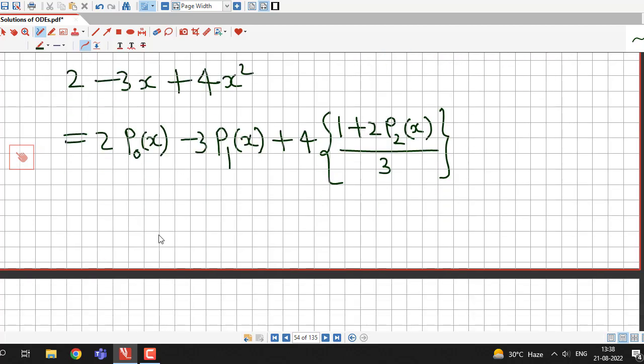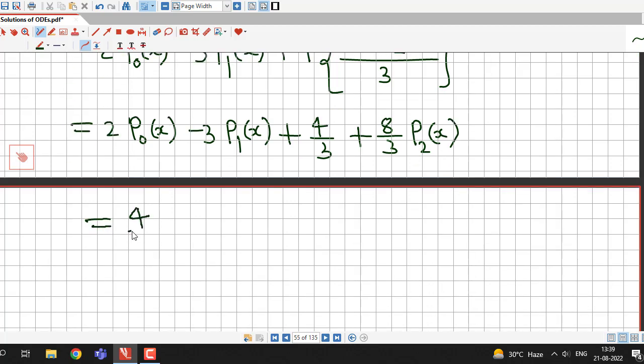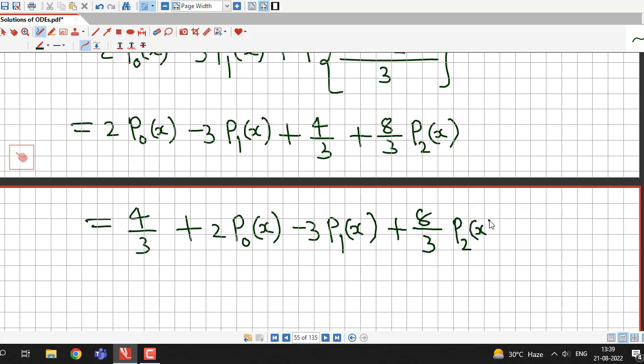Now we simplify. This is equal to 2 times P0(x) minus 3 times P1(x) plus 4 by 3 into 1, plus 4 into 2, that is 8 by 3, into P2(x), and this is finally 4 by 3 plus 2 times P0(x) minus 3 times P1(x) plus 8 by 3 P2.